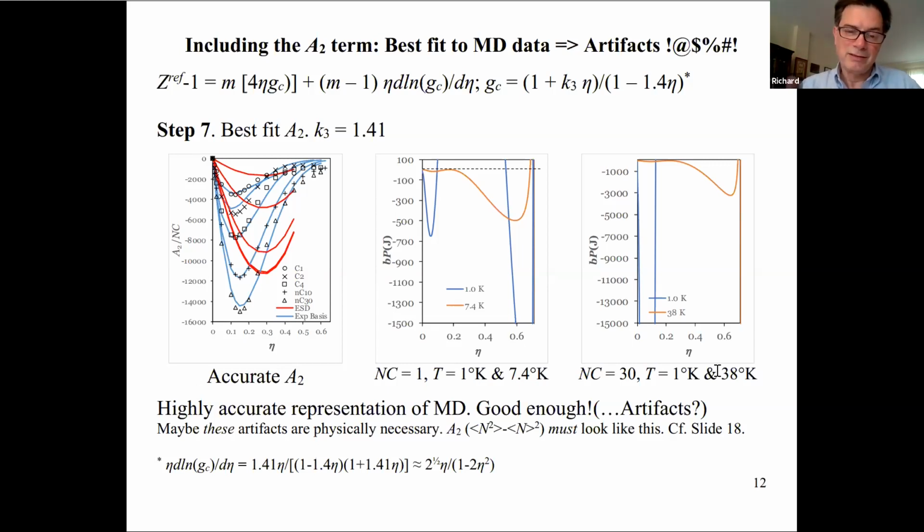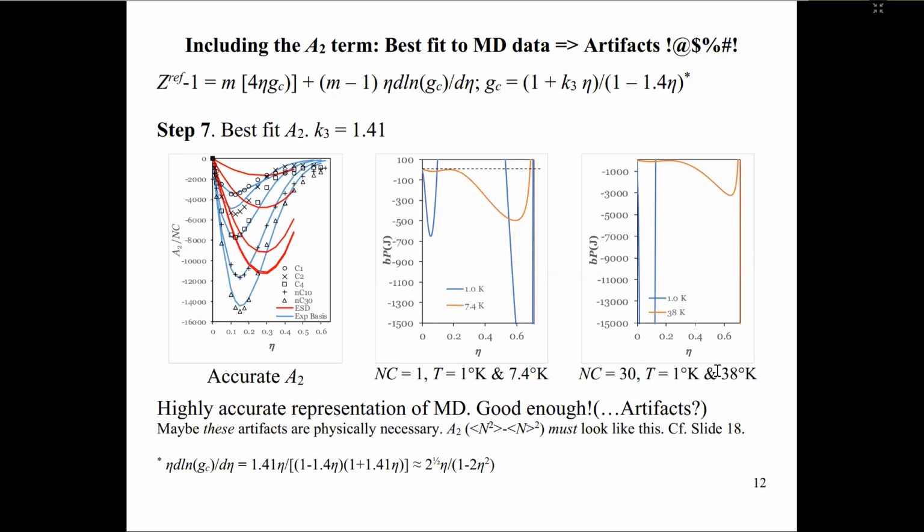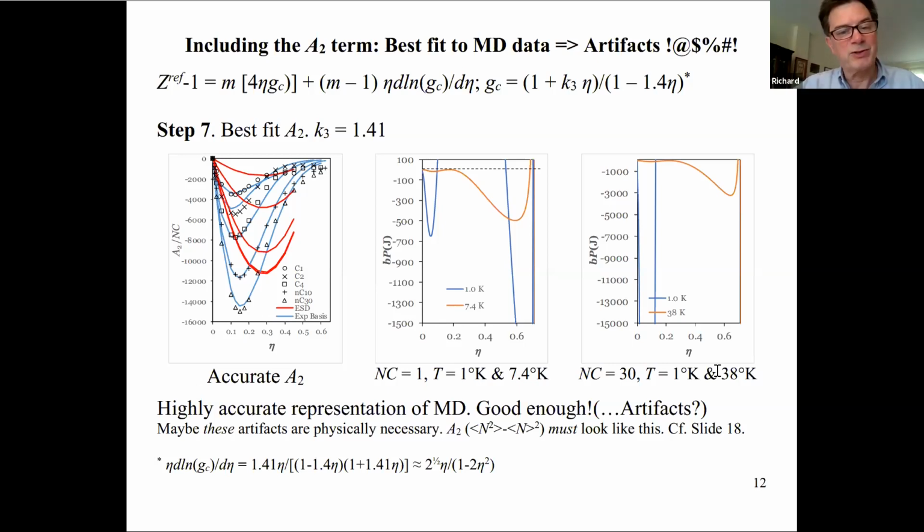Long story short, you have to make the helium soft. Instead of a 12-6 potential, if you use a 9-6 potential, you can achieve that acentric factor. So we can model helium within a classical framework without the quantum effects. I'm not saying that's the most physically accurate representation of what's going on, but it's what could work for a process simulator.